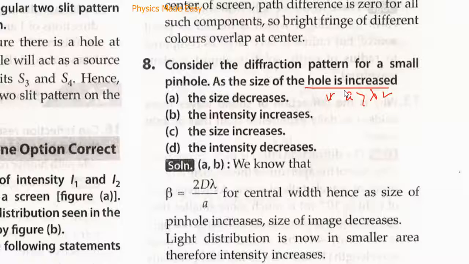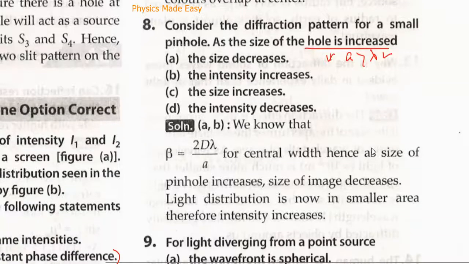If diffraction decreases, then the size of the image shown on the screen will also decrease. So A is correct. Then the intensity increases. He says that the intensity increases, more and more light will be incident, so intensity will increase. There is no second thought about this.